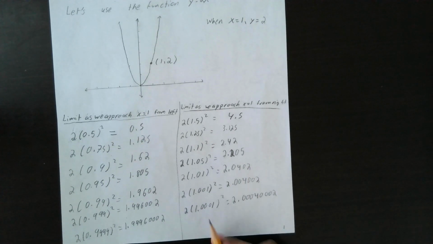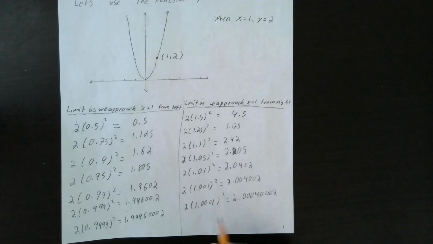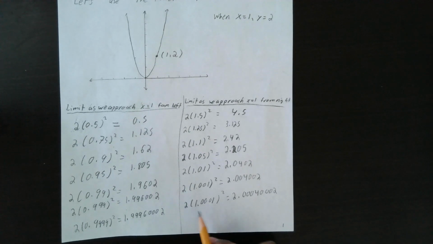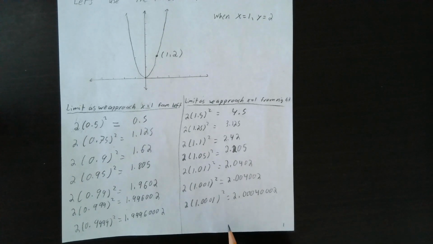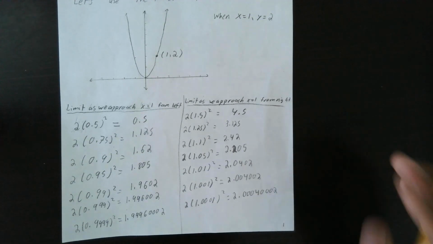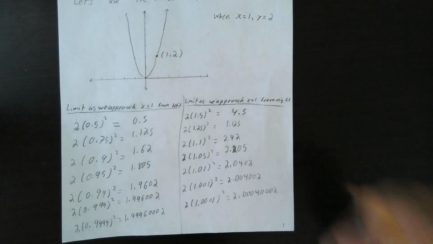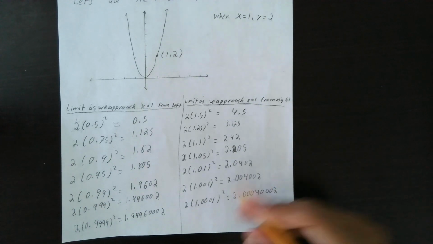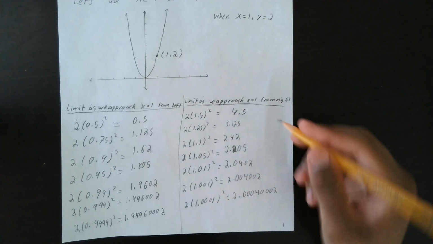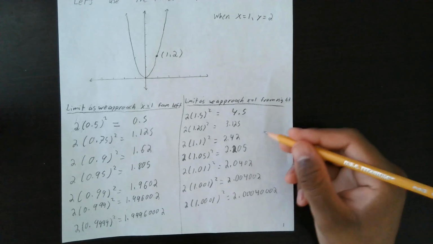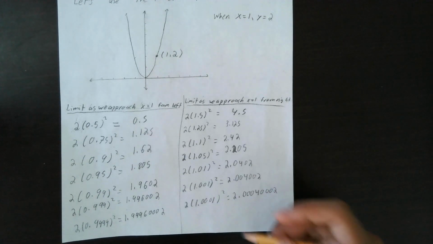And if we get really, really close to x equals 1 from the right, and we plug in 1.0001, we get 2.0004, etc. So we get really, really close. And so the limit as we approach x from the right is also equal to 2.